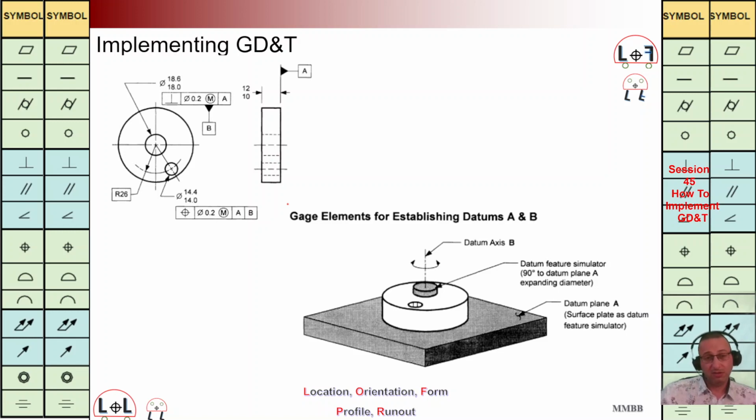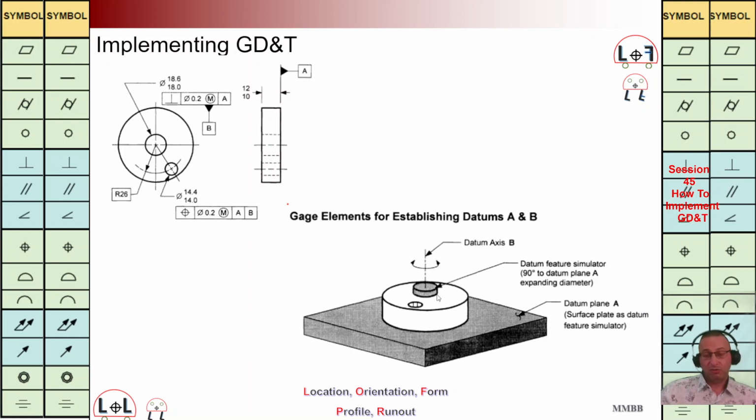That's why, whenever it is a short cylinder, it is good not to define the axis of that short cylinder as a reference, because it is difficult to have this gauge.